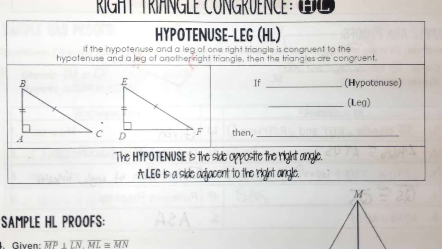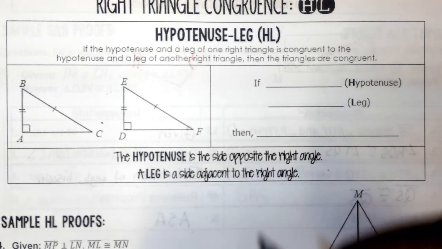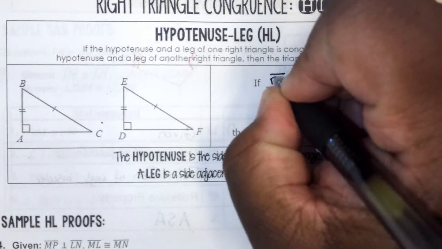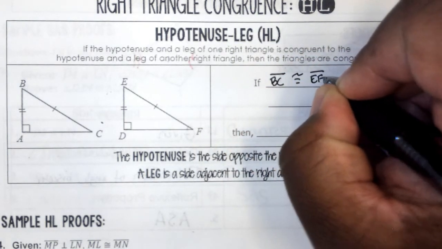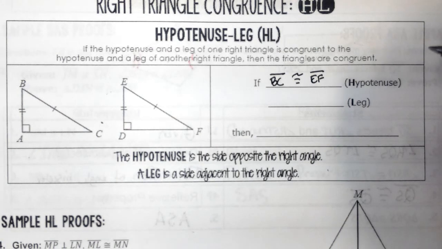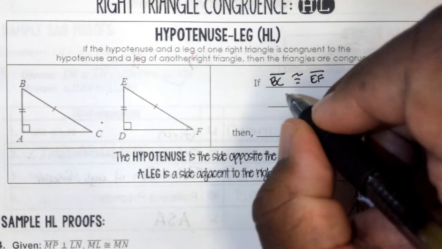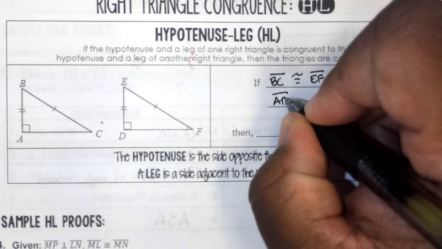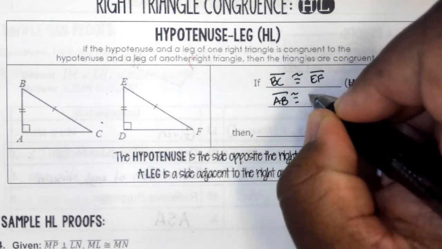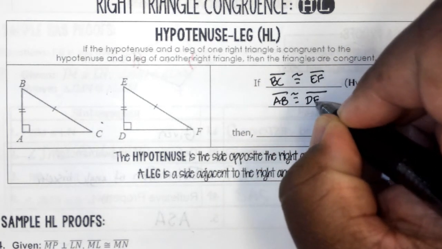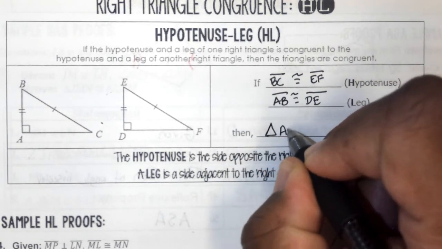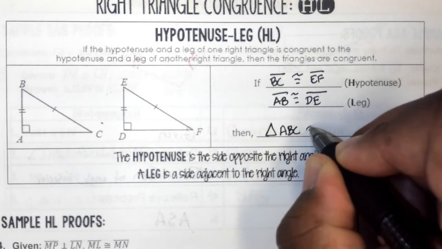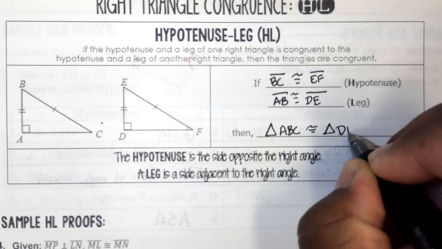It says if, and they got the hypotenuse first, so if BC, our first hypotenuse, is congruent to EF, our second hypotenuse, and leg AB is congruent to leg DE, then the triangles are congruent. Triangle ABC will be congruent to triangle DEF.